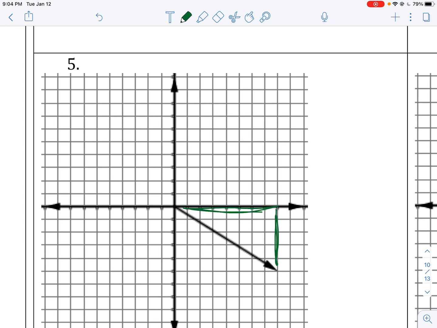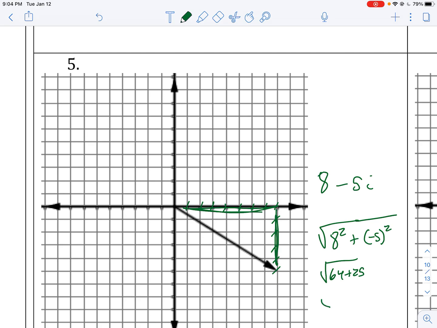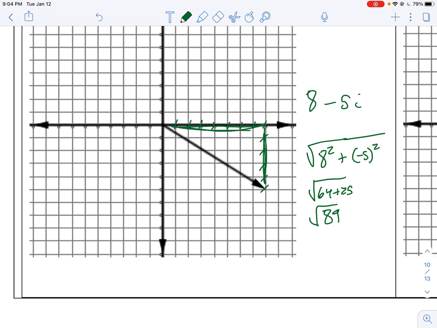All right, let's see how things went. Let's see, 1, 2, 3, 4, 5, 6, 7, 8. So this is 8 minus 5i. And so my modulus is going to be the square root of 8 squared plus (-5) squared, which is the square root of 64 plus 25. 64 plus 25 is 89, so it's the square root of 89, which, is that prime?